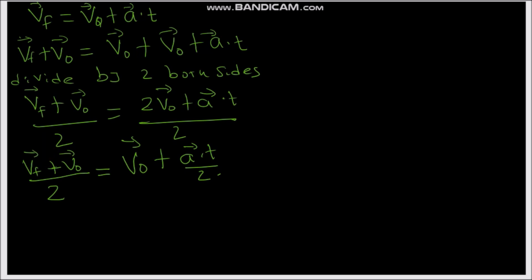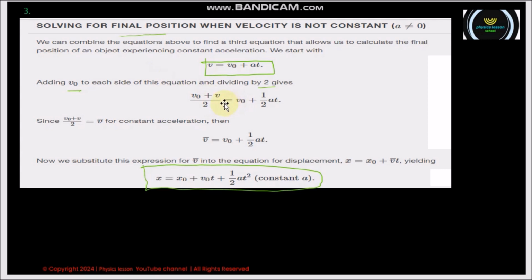Now let's look again here. This, the average velocity, we know that the average velocity is given by V naught, the initial velocity, plus the final velocity over 2, for constant acceleration.